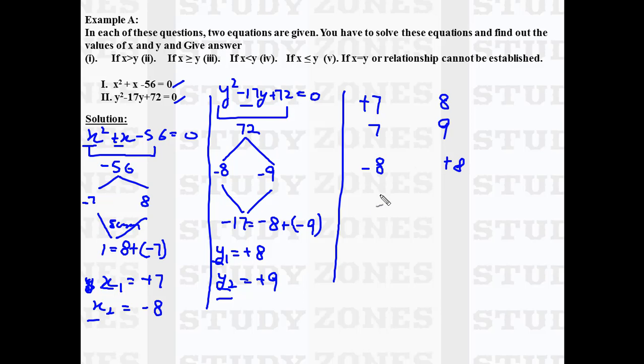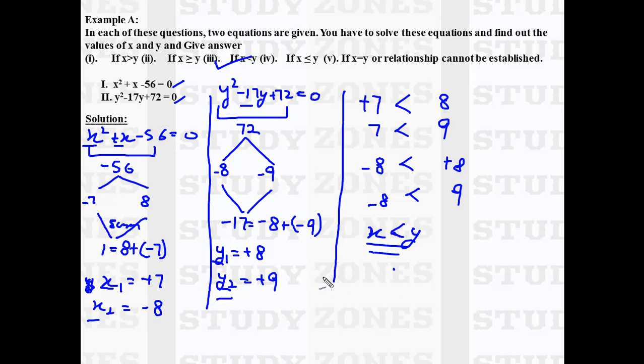So 8 is greater than 7, 9 is greater than 7, plus 8 is greater than minus 8, 9 is greater than minus 8. So finally we are getting that x is less than y. So our answer is this third option, x is less than y.